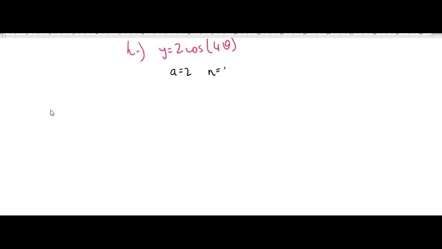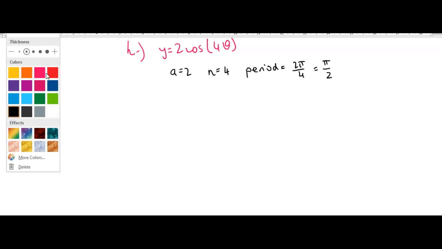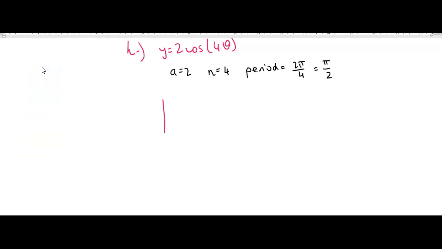The value of n is 4. So the period is equal to 2 pi on 4, which is equal to pi on 2. Okay, so let's draw our axes. So we're dealing with theta, our variable, and y. Our period is pi on 2.